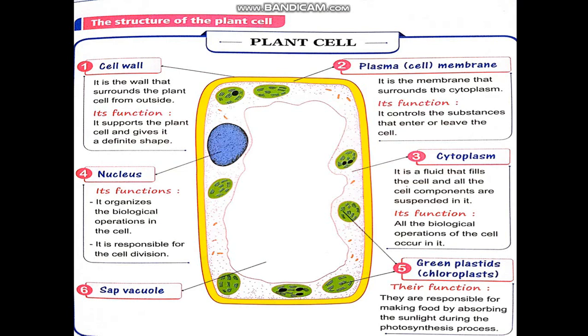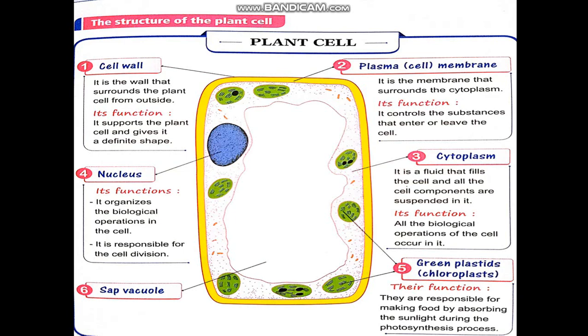Cell division means increasing the number of cells. Which means 1 becomes 2, 2 becomes 4, 4 becomes 6, 6 becomes 8, and so on.